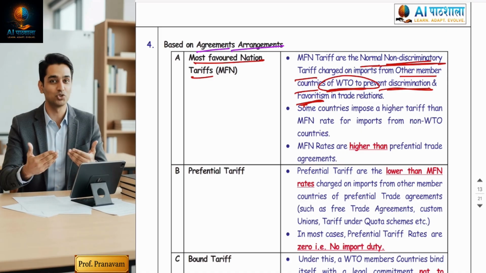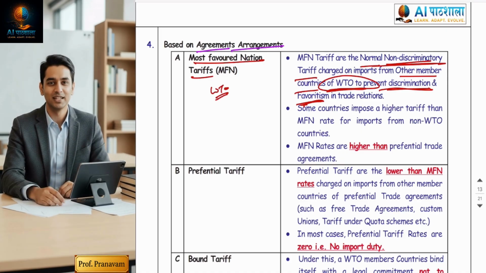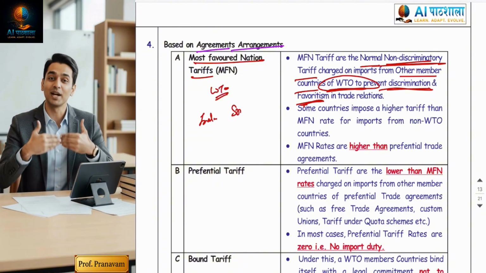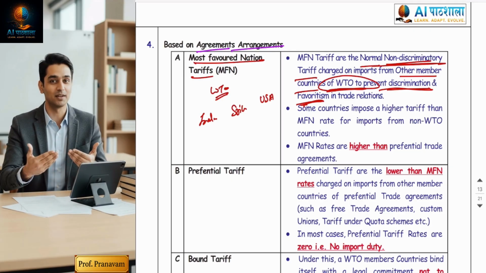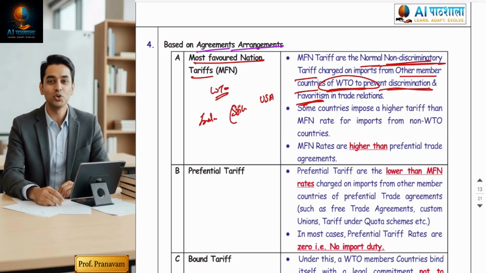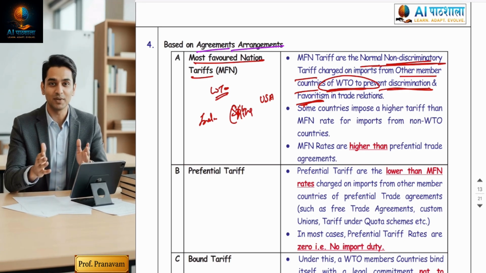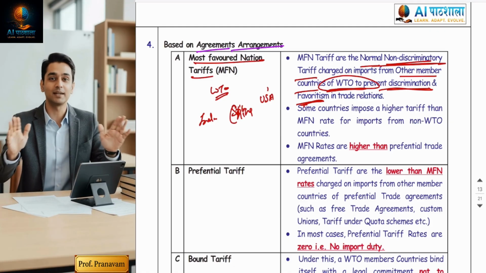Now, for example, in WTO there are, for example, three members. India is a member, Sri Lanka is a member, US is a member. Okay. Now what US is doing, in WTO China is also a member. So let's take India, China, US. We all three are the members.